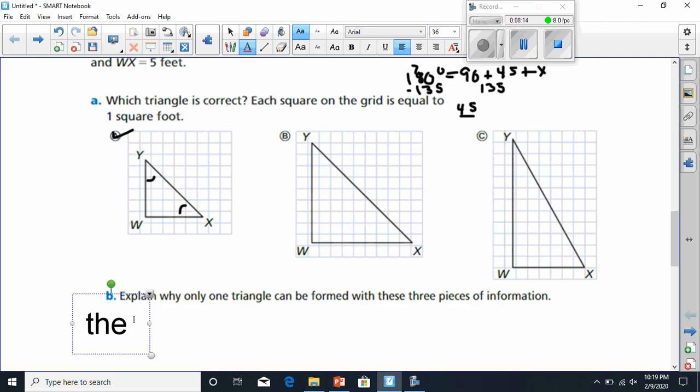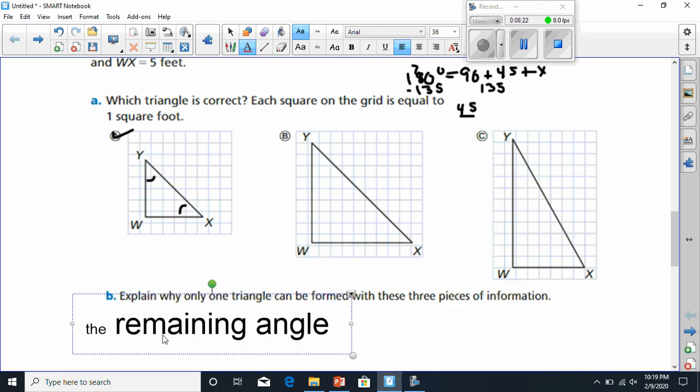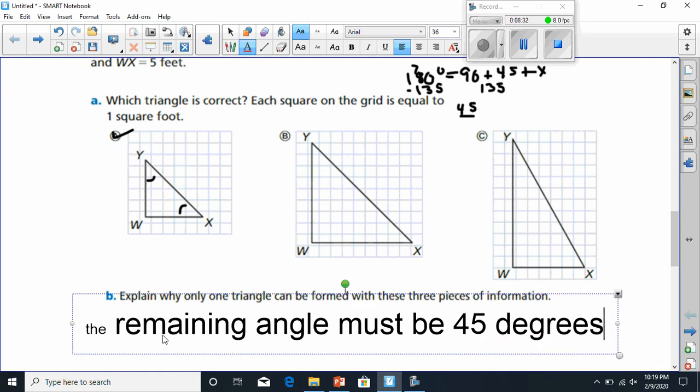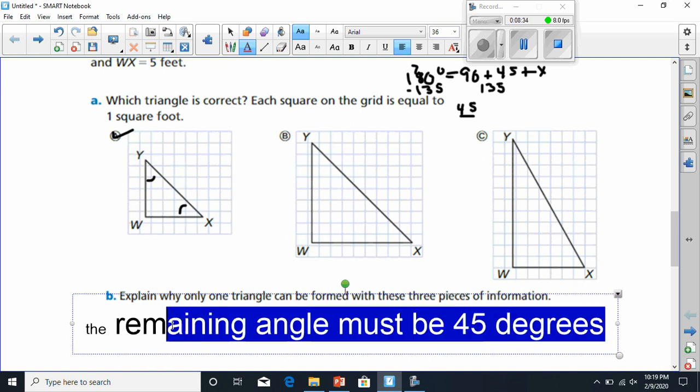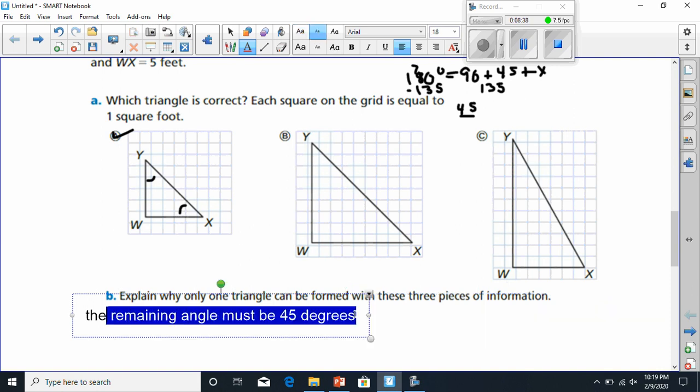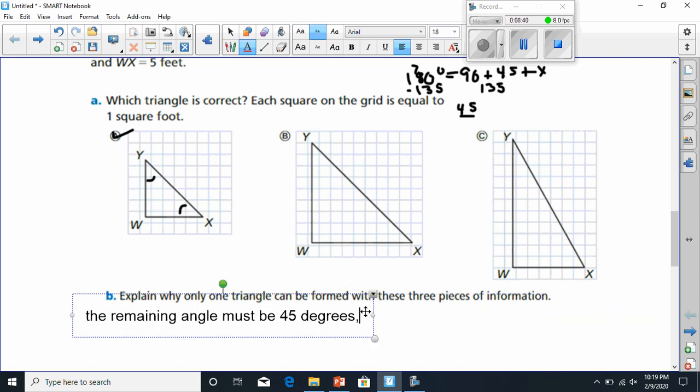The remaining angle must be 45 degrees. Let's see, 45 degrees. All right, 45 degrees.